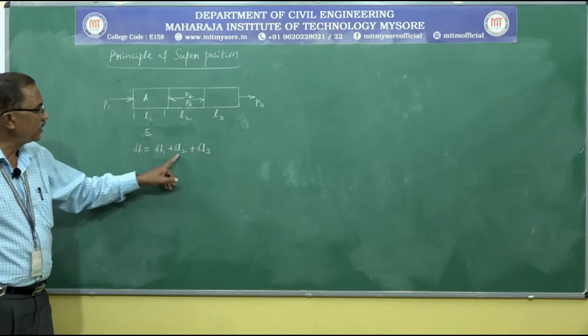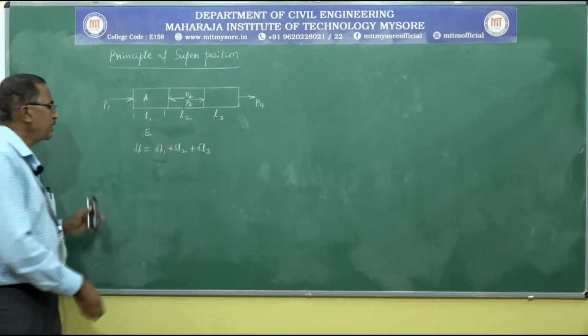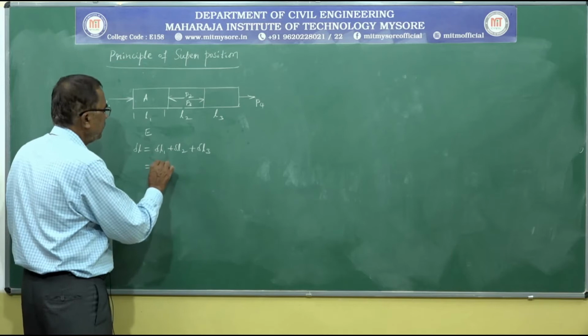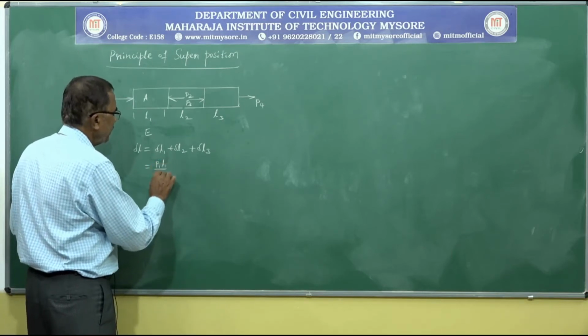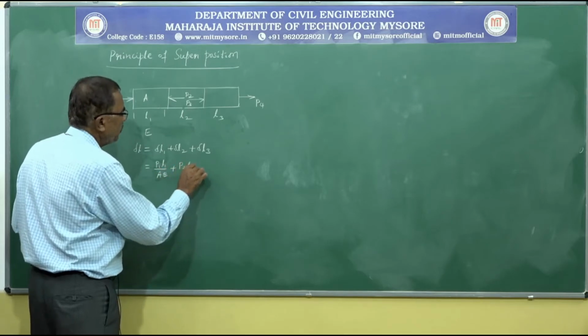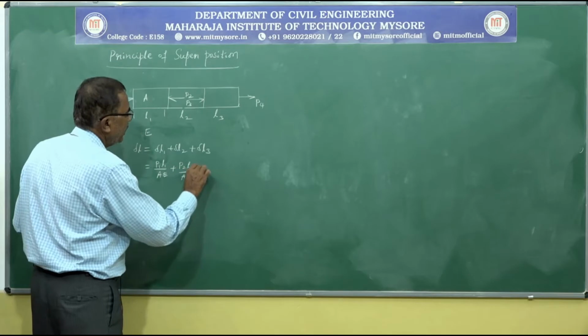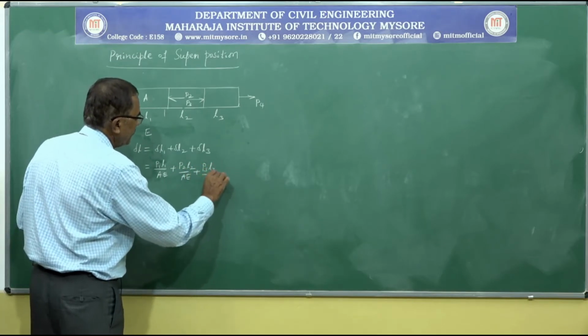Here delta L1, delta L2, delta L3 can be conveniently written as P1 L1 by AE plus P2 L2 by AE plus P3 L3 by AE.